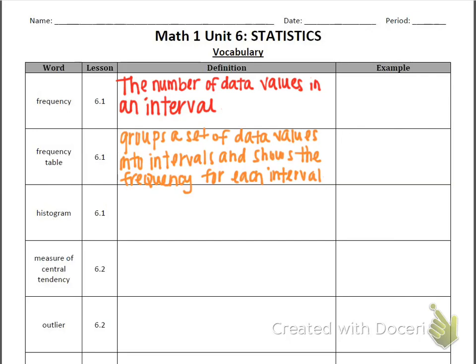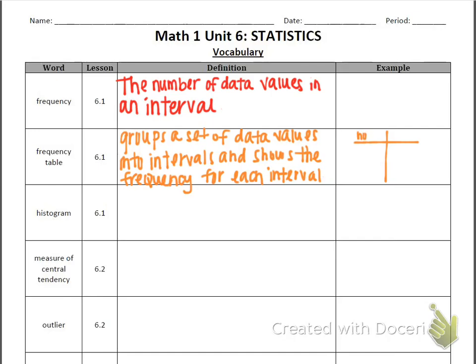Okay. So in the example, we're going to make just a sample frequency table. A frequency table just looks like a T-chart. And on the left, we're going to put our intervals. So interval meaning that it's not always going to be just one set value. So let's say, for example, I want to make a frequency table of how many hours students study at nighttime or in a week.